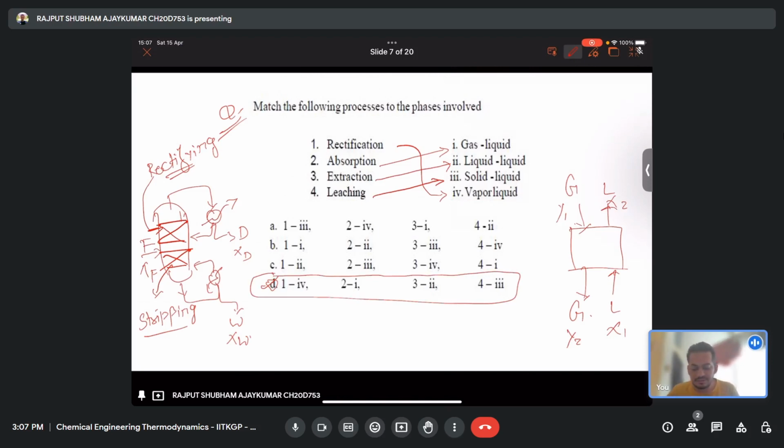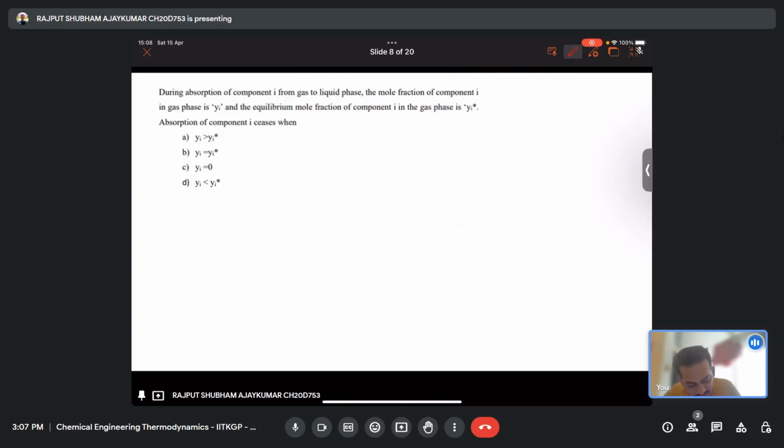So these are just the terms I wanted to quickly review. I'll go to another one. These are related to the week 11 assignment problems, and we'll try to solve them. So the first question is, during absorption of a component i from gas to liquid phase, the mole fraction of component i in the gas phase is yi, and the equilibrium mole fraction of component i in the gas phase is yi star.